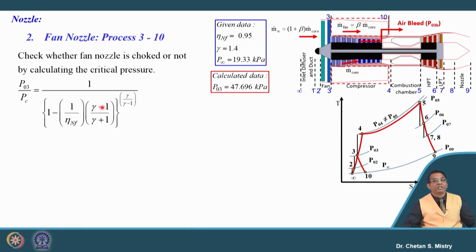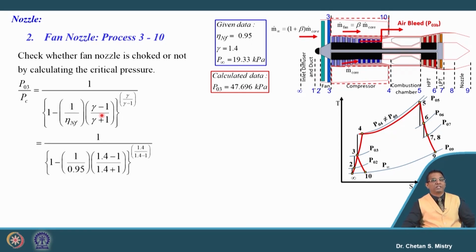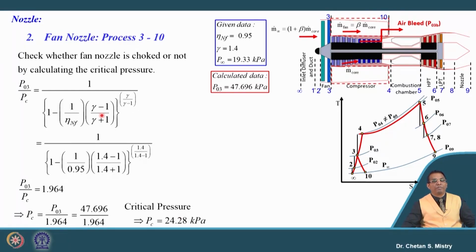In this case, we take gamma as 1.4 and our efficiency is 95%. Based on that we do our critical pressure calculation, and the critical pressure comes as 24.28 kilopascal.